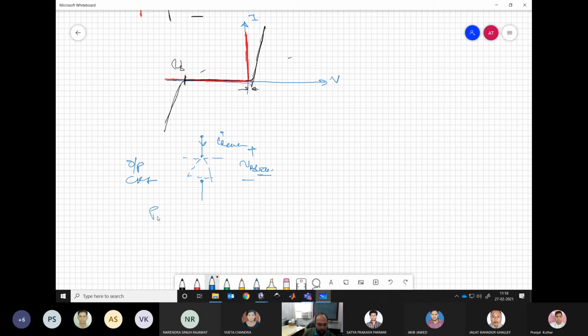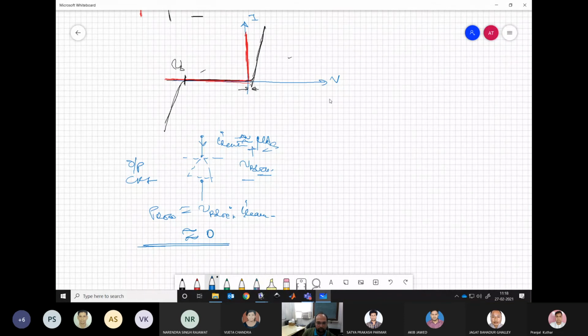So the power loss across the device will be V blocking times I leakage. For all practical applications, this I leakage is very small, close to some microamps, so practically we can take this loss as zero.